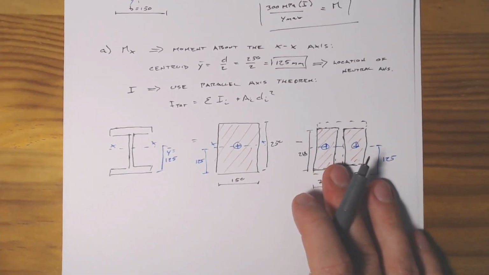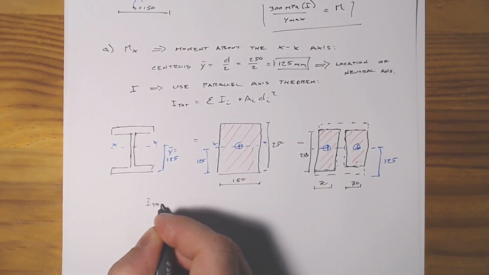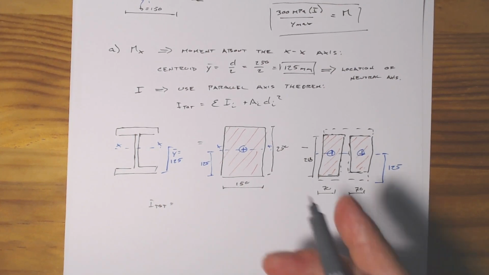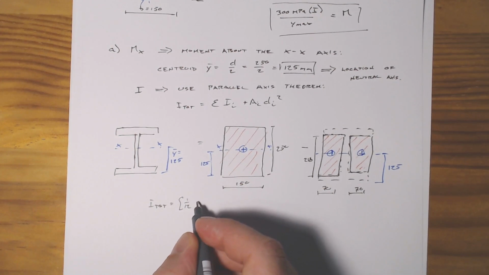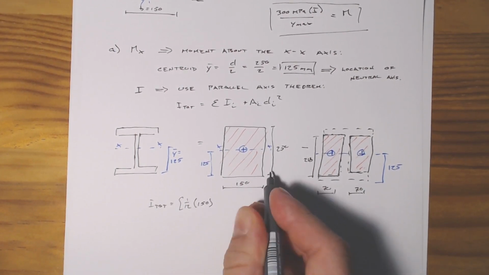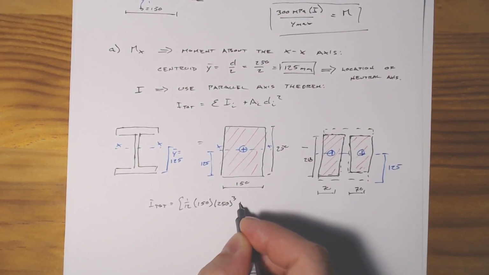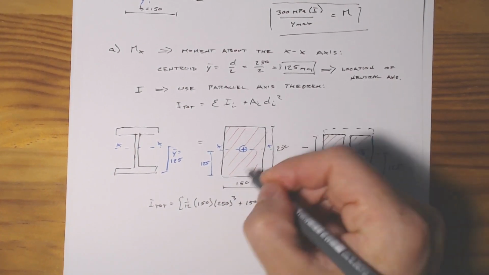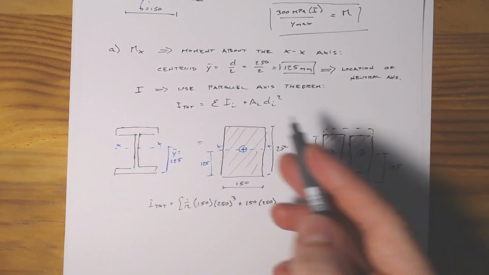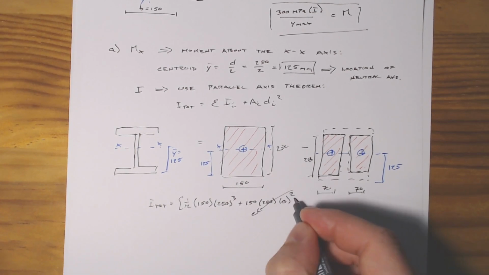All right, let's work out what that moment of inertia is. Our total moment of inertia is simply going to be 1 over 12 times 150 times 250 cubed plus 150 times 250 times the distance of this whole block to the centroid of the whole thing, which is 0 squared, so that goes to 0.